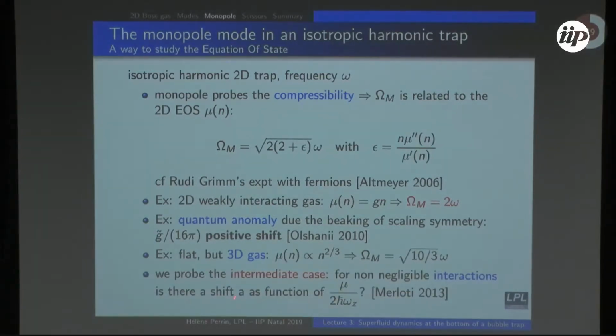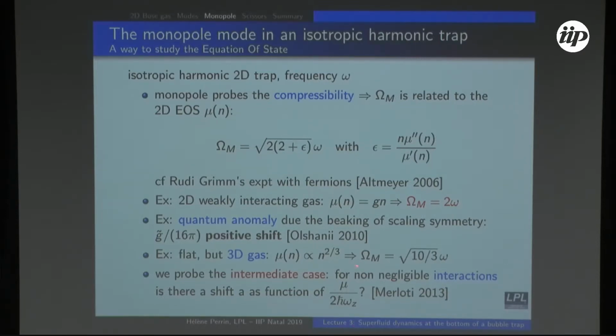Okay, so what we did is to try to probe the equation of state by looking at the frequency of the monopole mode. You see that we should be between 2 omega and square root of 10/3 omega, depending on how 2D we are. Except if we can also observe the quantum anomaly, where it should be even larger than 2 omega.